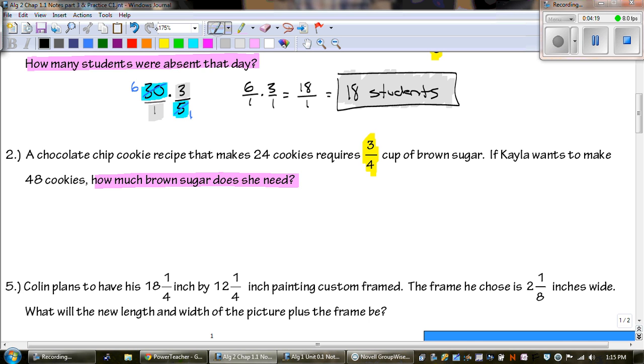Now, we need to think a little bit. They told us 24 and 48. We're not multiplying 3/4 times 48. That would be insane. You're pretty much telling me that each cookie has 3/4 cup of brown sugar, and that's way too much. They're making 2 batches because 24 plus 24 is 48.